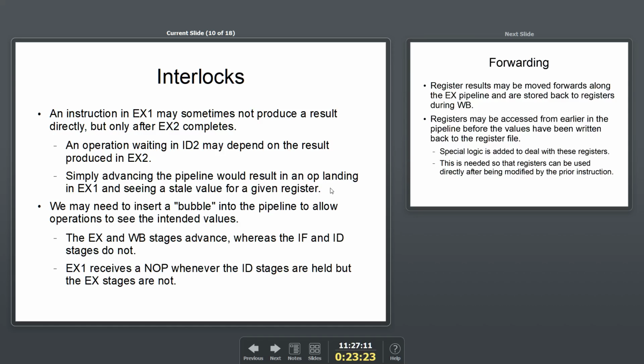An interlock may need to insert a bubble into the pipeline to allow operations to see the intended values, as noted. We just need to pay for this convenience by losing a little bit of performance.